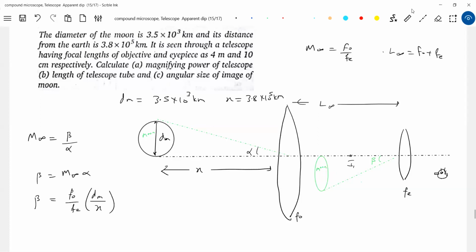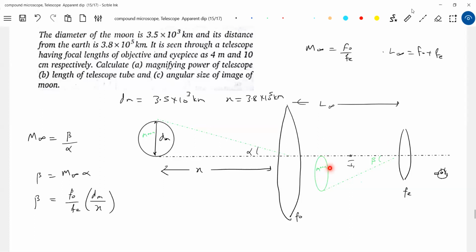But it didn't say anything, so we should always work out for normal adjustment only. If the final image is formed at 25 centimeter from the objective, then you can predict the diameter.